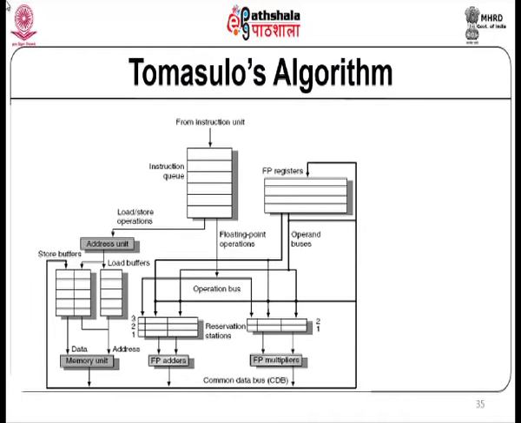Before we get into the summary, I would like to emphasize how it handles WAW and WAR hazards. The reservation station does the renaming process, and that is how your WAW and WAR hazards get handled. A WAW hazard is basically because of output dependencies, two instructions writing into the same register. Say both of them are writing into register F6.